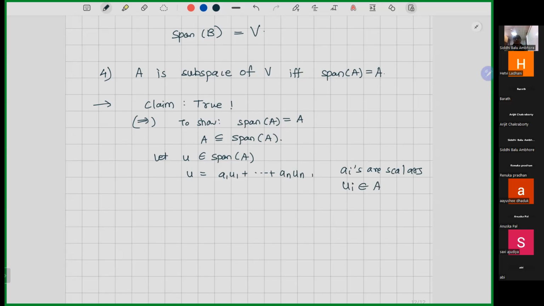So far it's clear. This is trivial, right? U is in span of A, then the UIs belong to A, and that's it.